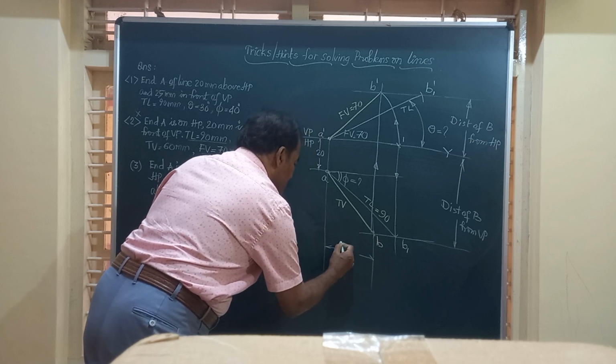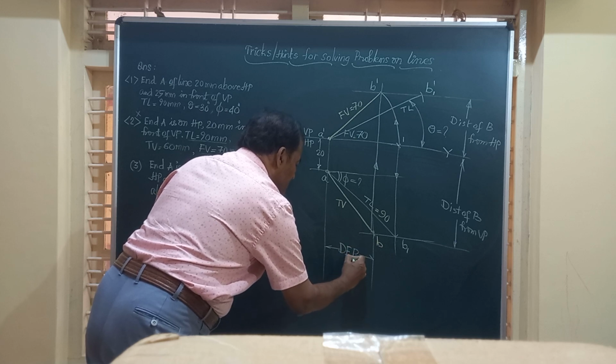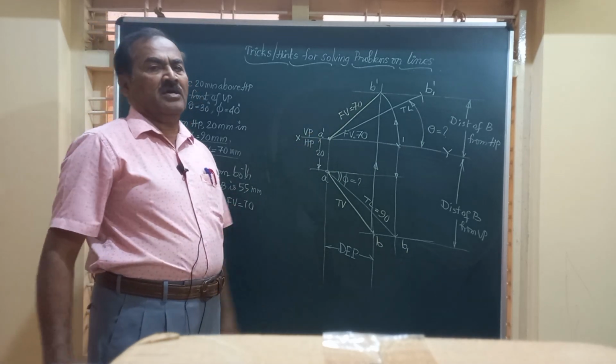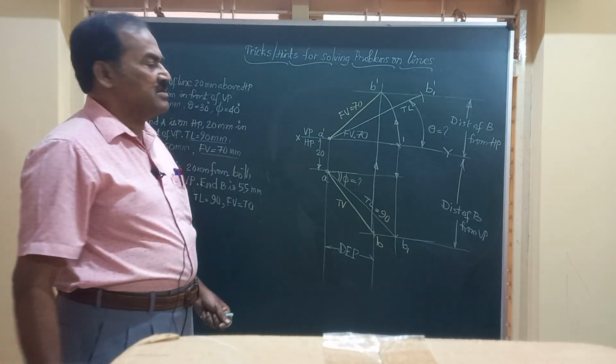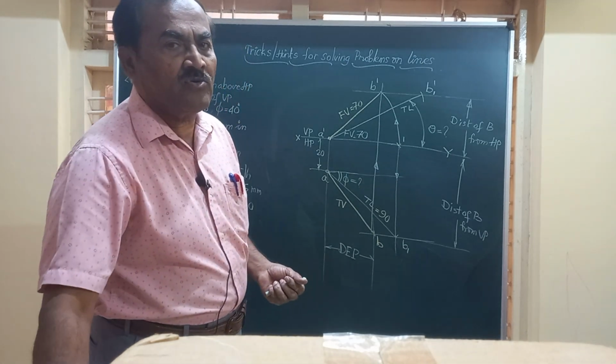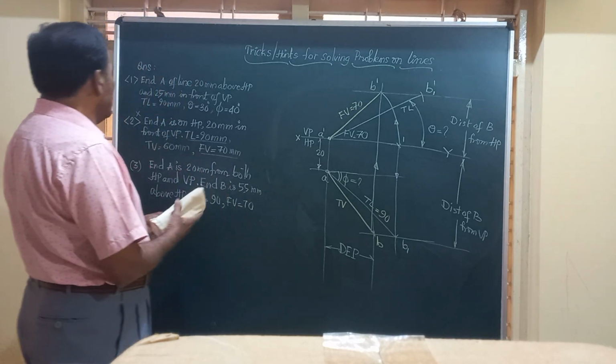DEP means distance between the end projectors A dash A and B dash B. Friends, I hope you are able to follow the procedure for both of these problems.